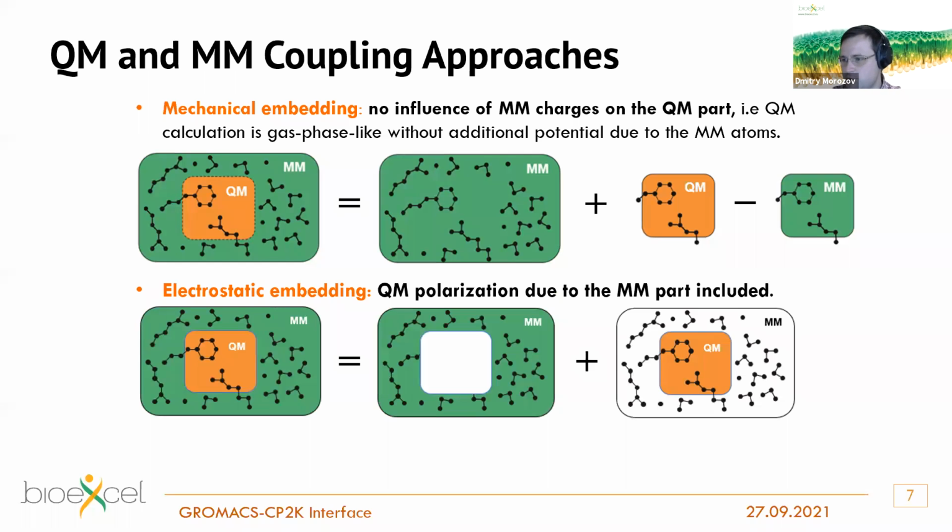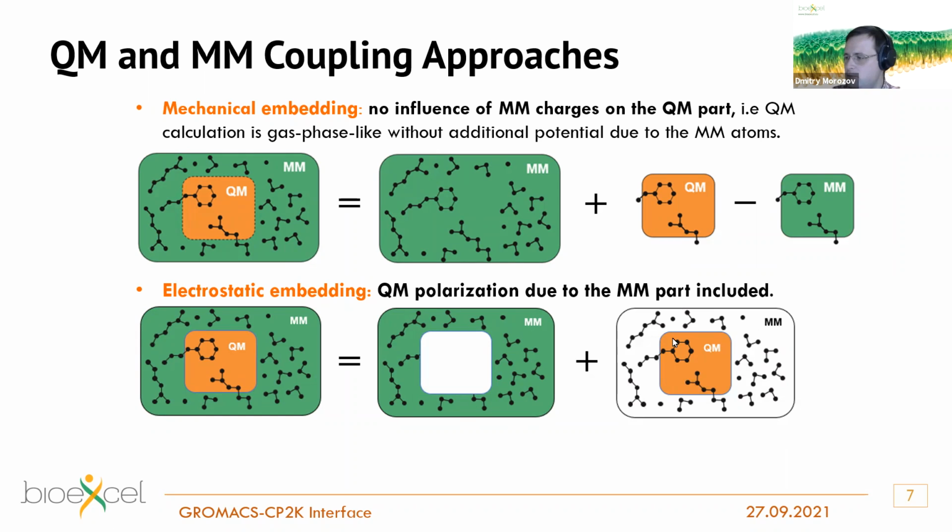There is a more elaborate one, called electrostatic embedding, where you include the effect of the quantum wave function polarization due to the point charges from the MM part. In that case, you usually calculate your energy additively. You first calculate the MM part without the QM part, this minus this, and then you add your QM system in the field of point charges.